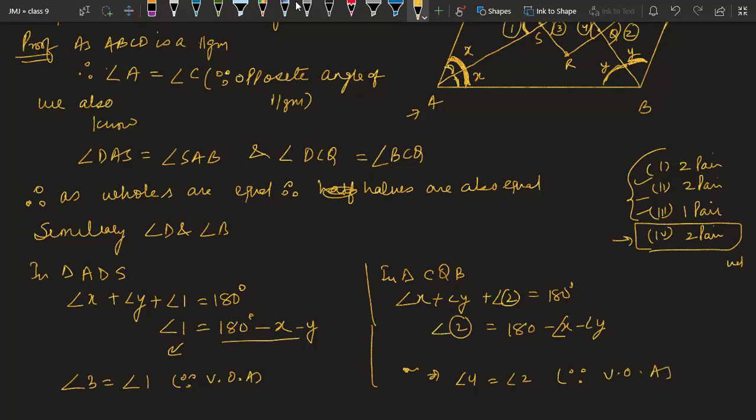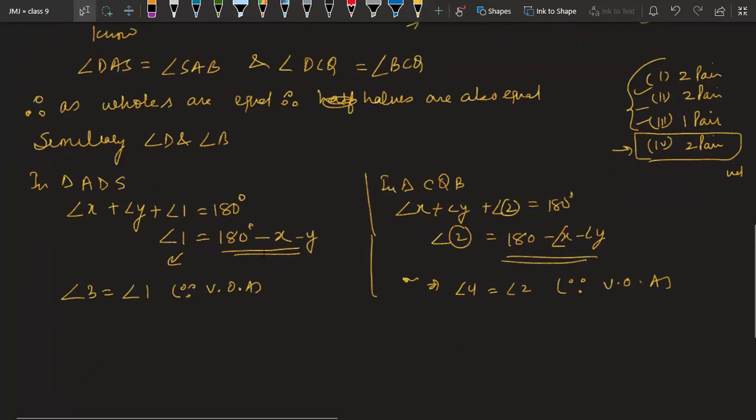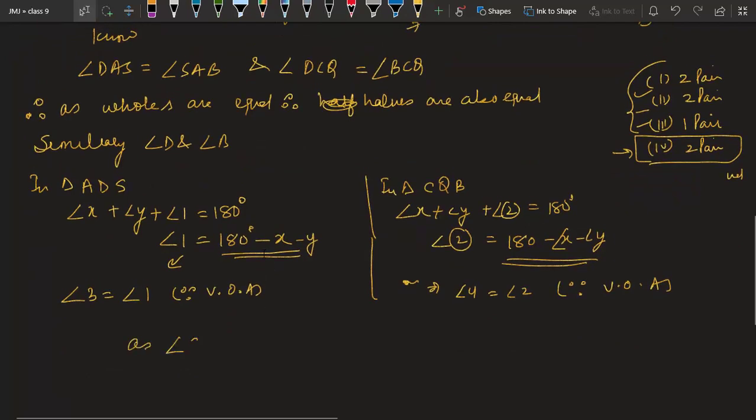And if you observe, they both have the same value, that is 180 minus angle X, angle Y. So we can say as angle 3 is equal to angle 4, 180 minus X minus Y. Therefore, we have got one pair of opposite angles equal.